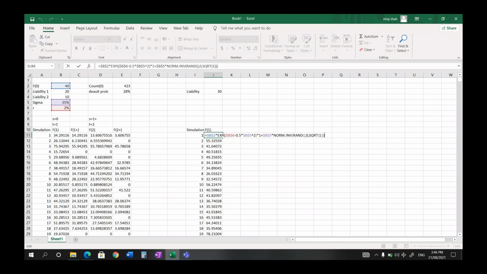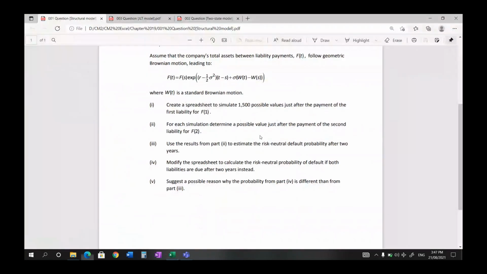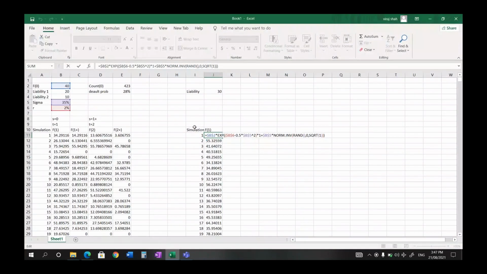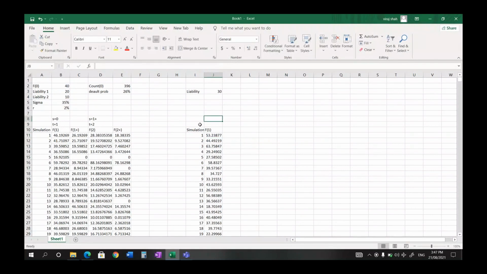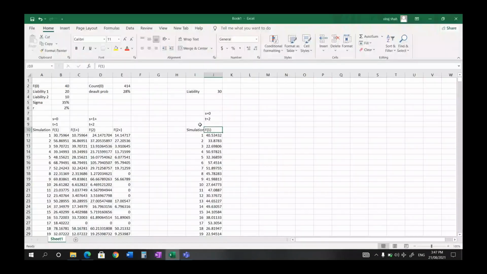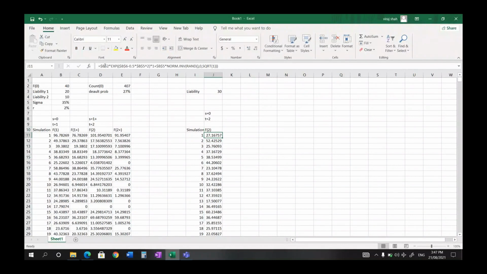So if you see, B2 is F0 e raised to (r minus 0.5 sigma square) into (T minus S). Now your T would be 2, and your S would be equal to 0. So you will get the value of F2, that is the fund value at time 2.